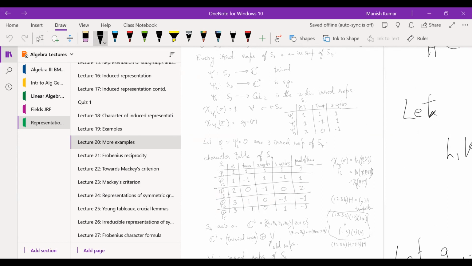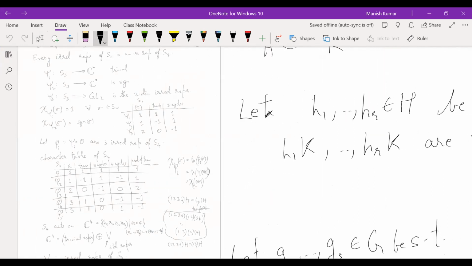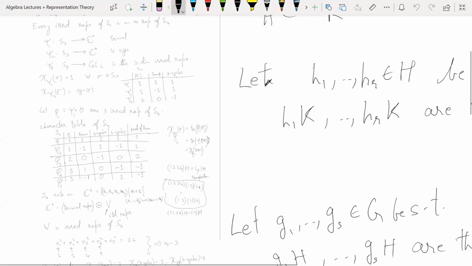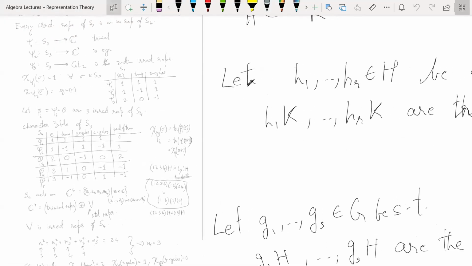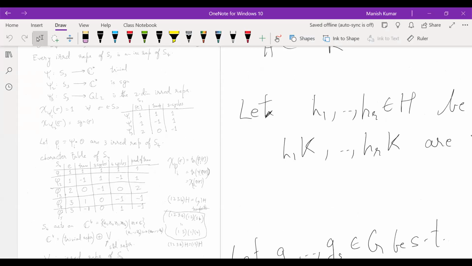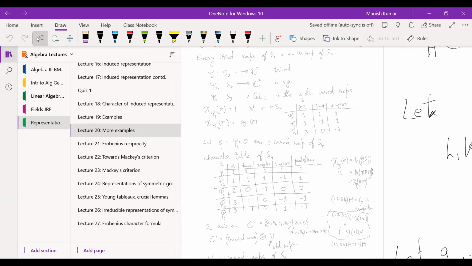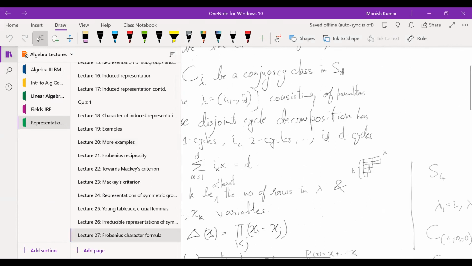And if you compute it for C4, you will get, so maybe you can verify this table using this formula. Maybe I don't want to spoil my notes, but the point is that maybe I'll write it there.